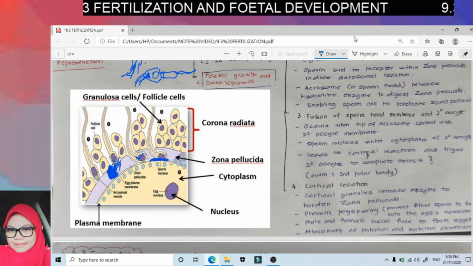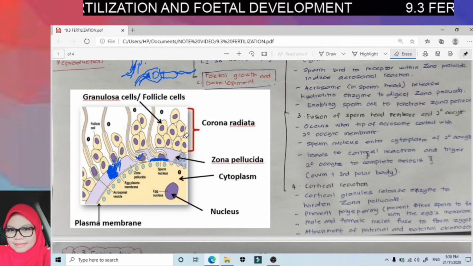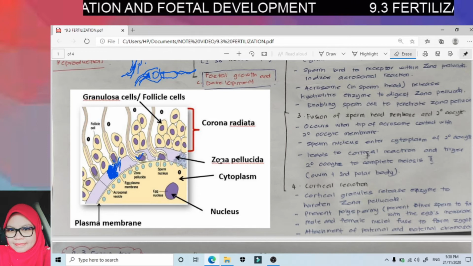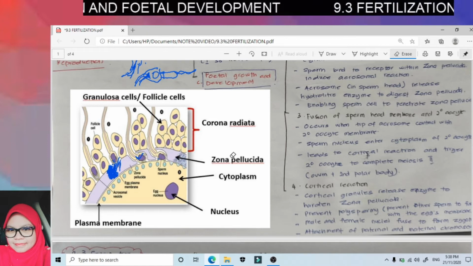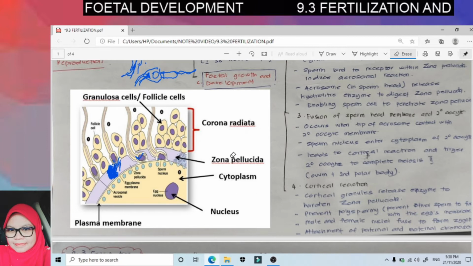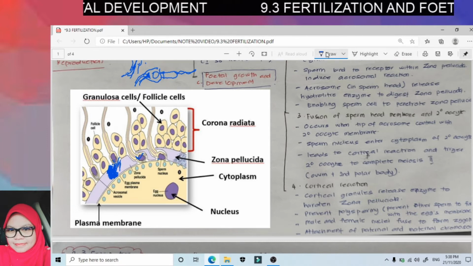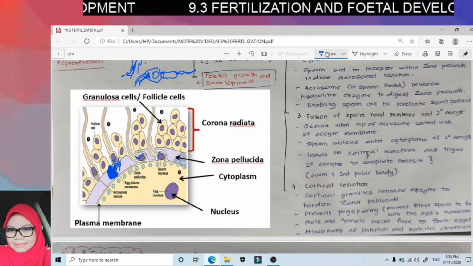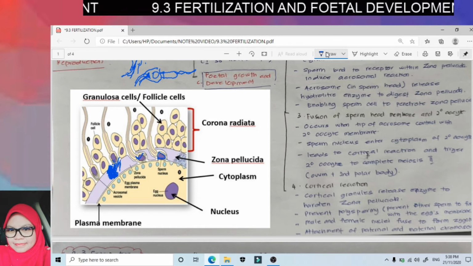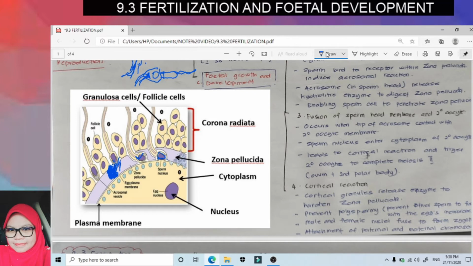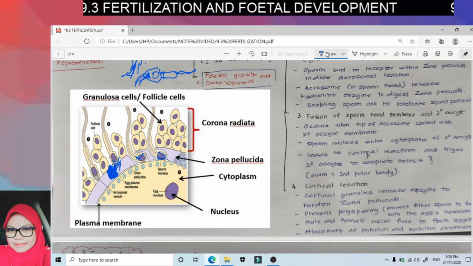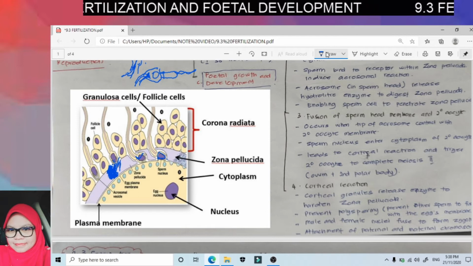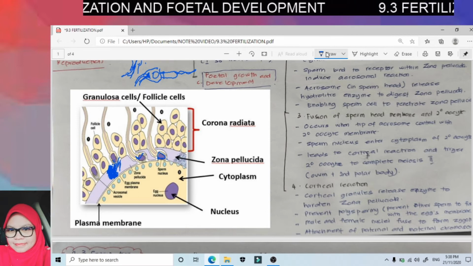Okay. So, apa yang berlaku di sini? Once the sperm has already penetrated the zona pellucida and the sperm head touches the egg membrane, itu kita panggil sebagai fusion of sperm head membrane and secondary oocyte.